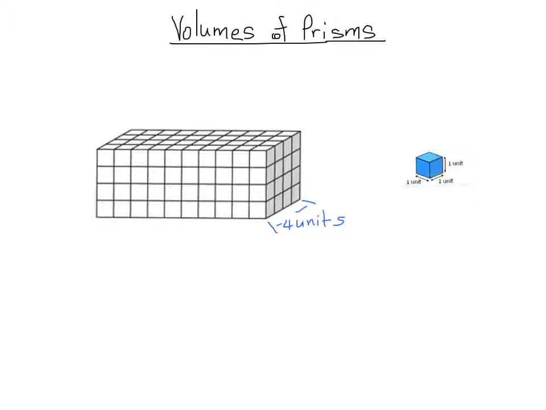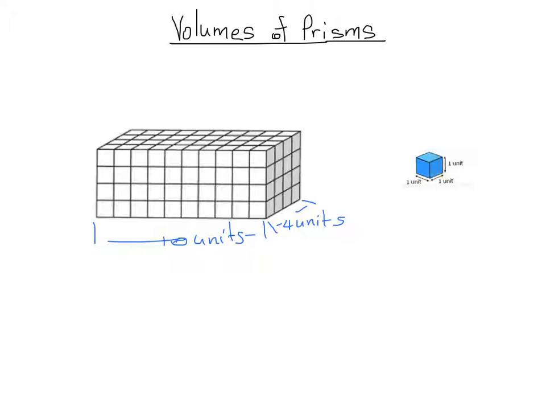And I can count going across here, 1, 2, 3, 4, 5, 6, 7, 8, 9, 10. So there are 10 units going across that way. So if there are 4 units going back and 10 units going across, we can simply multiply to figure out how many units there are at the bottom.